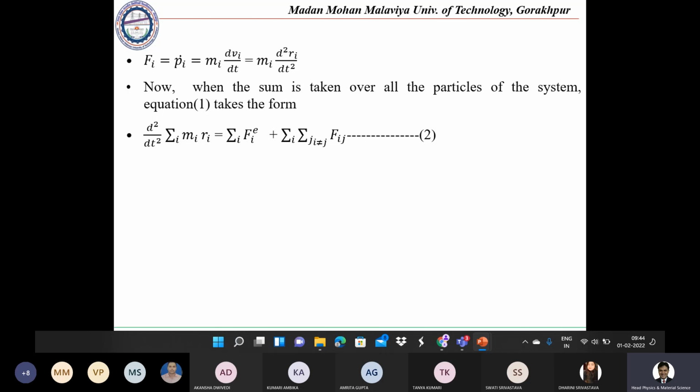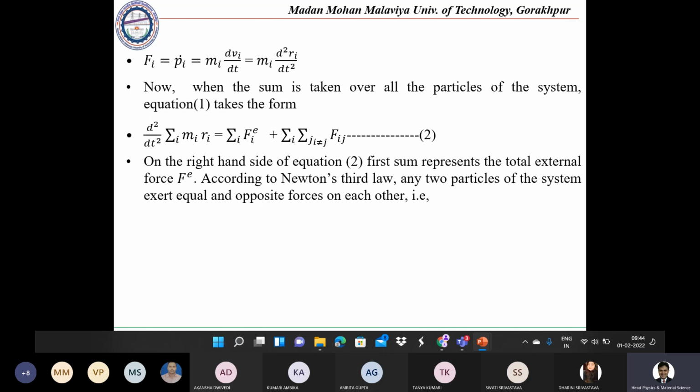On the right hand side of equation number 2, the first sum represents the total external force, that is F external.